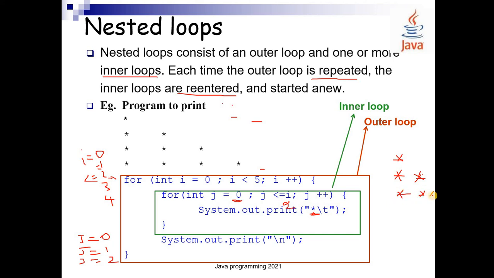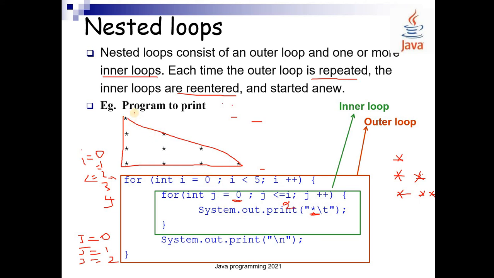If you continue like this until the final value of i, which will be 4 here, you will see that you have this kind of triangle of asterisks. For every iteration of the outer loop, you can define the number of rows, and for every iteration, the second loop will define the number of columns.